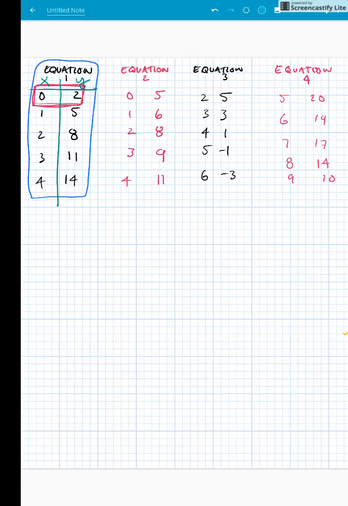0 and 5, first point. Second point is 1 and 6. This is our y2, this is our y1, this is our x1, this is our x2. Okay, 6 minus 5 over 1 minus 0.